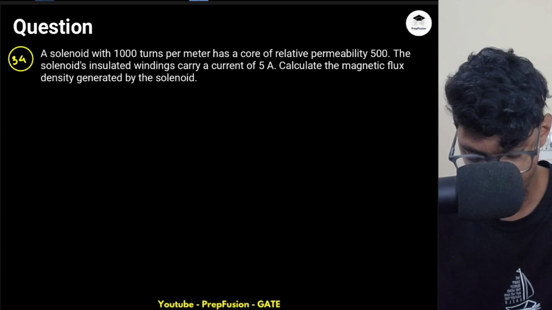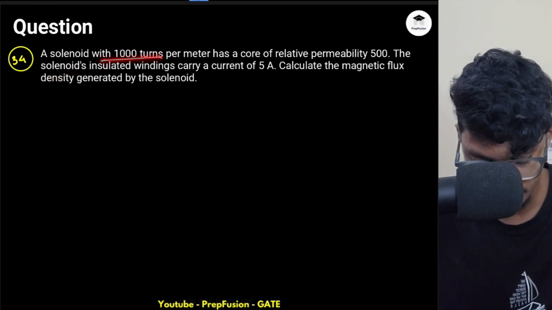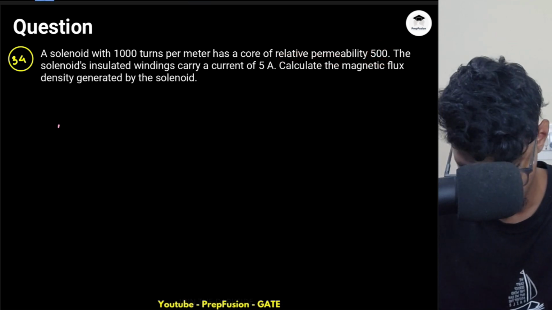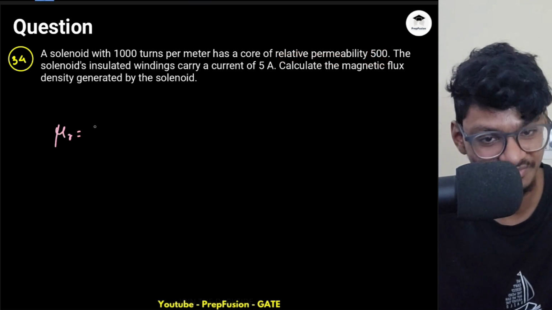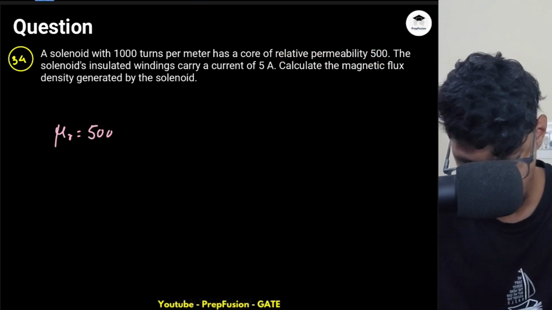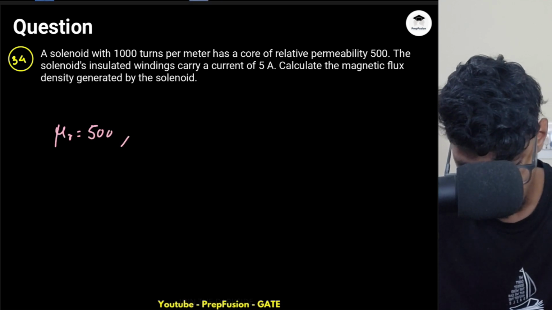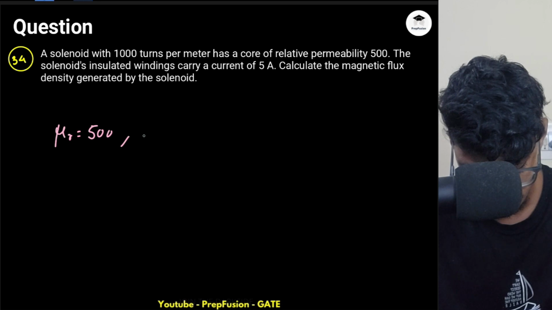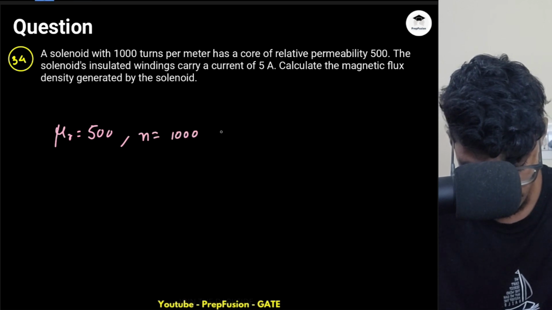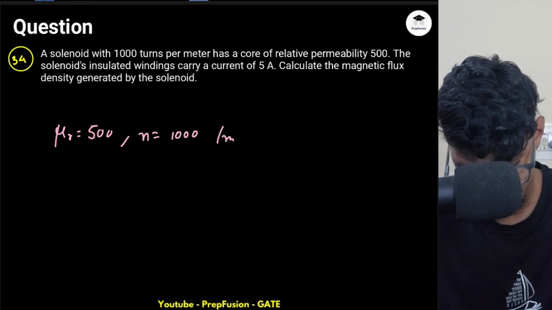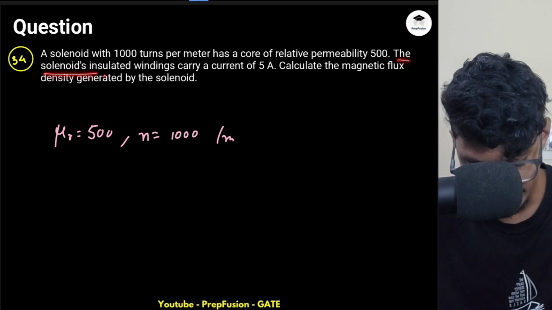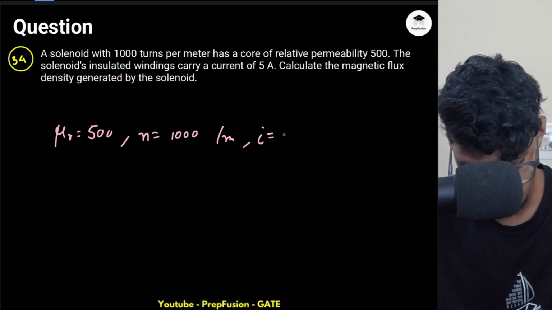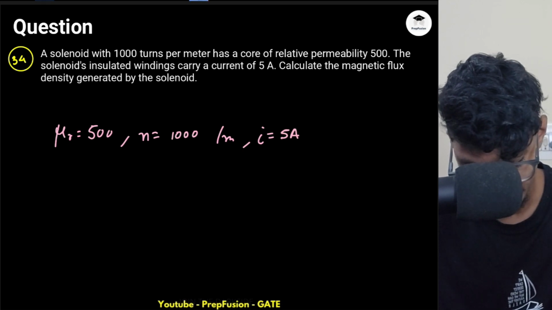Here, if I want to solve this: a solenoid with 1000 turns per meter has a core of relative permeability 500. So n equals 1000 per meter. The solenoid's insulated winding carries a current of 5 amperes, so I equals 5 amperes.